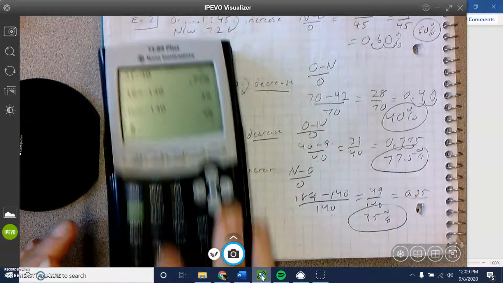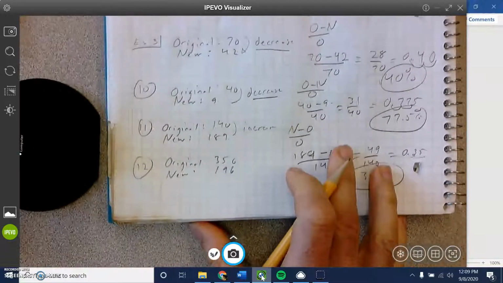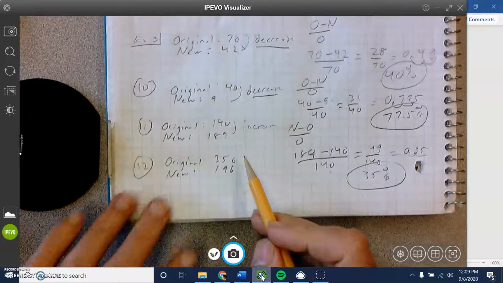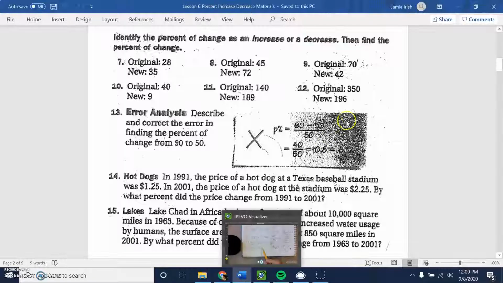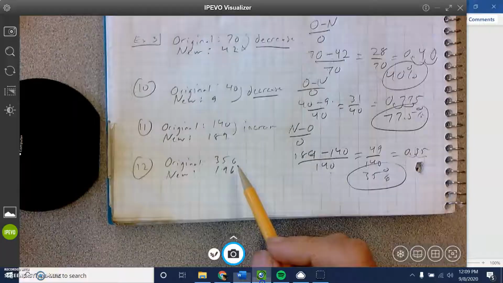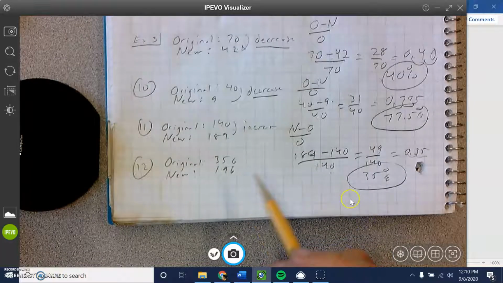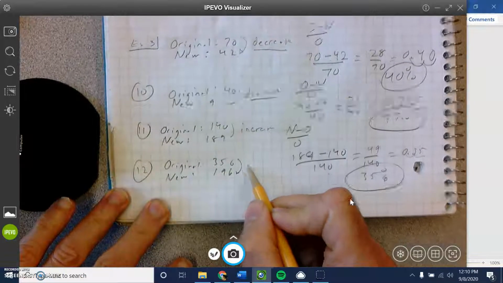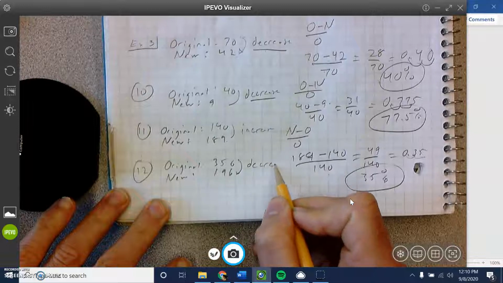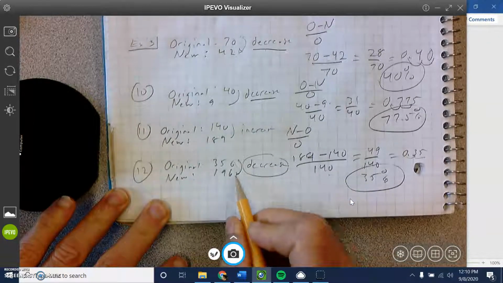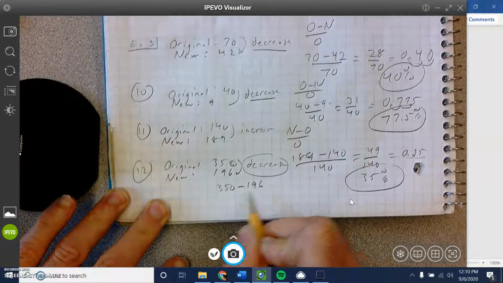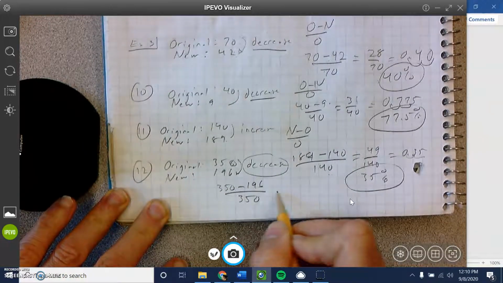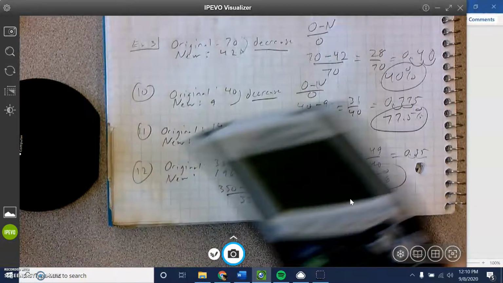Cool. Last but not least, here you go. Looks like we go from 350 to 196, number 12. 350 to 196. Okay. So that is a decrease. So old minus new over old. There we go.